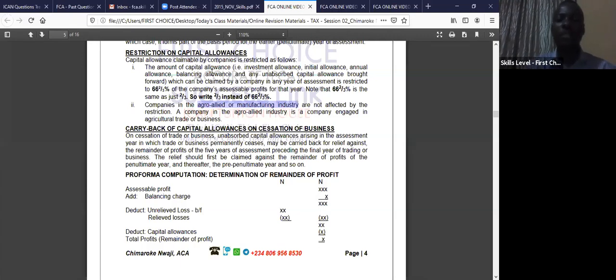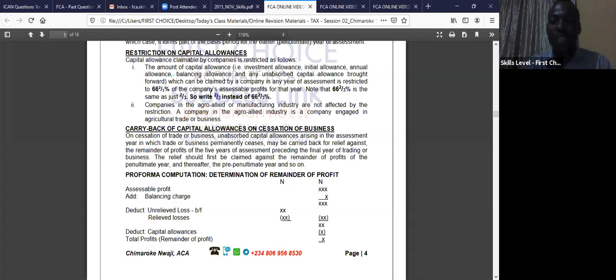And what is the restriction? It is 66 2/3%, or just simply 2/3. You know, there's a difference between 66 2/3. If you are using 66 2/3, you must put the word percent. If you are just writing 2/3, use 2/3 without writing the percent.